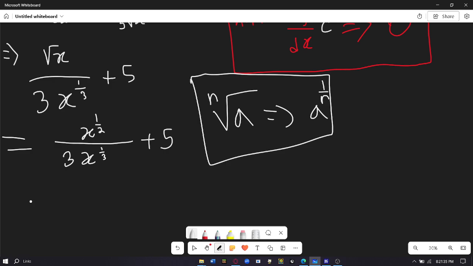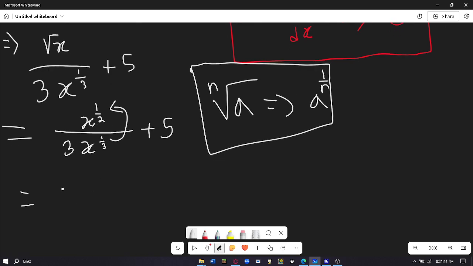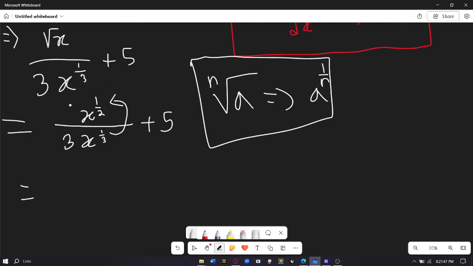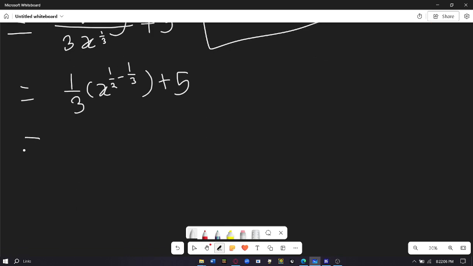Now we know that in an indices rule, if the same base variables are being divided, their exponents subtract. So you can write this as x to the power 1 by 2 minus 1 by 3, plus 5.